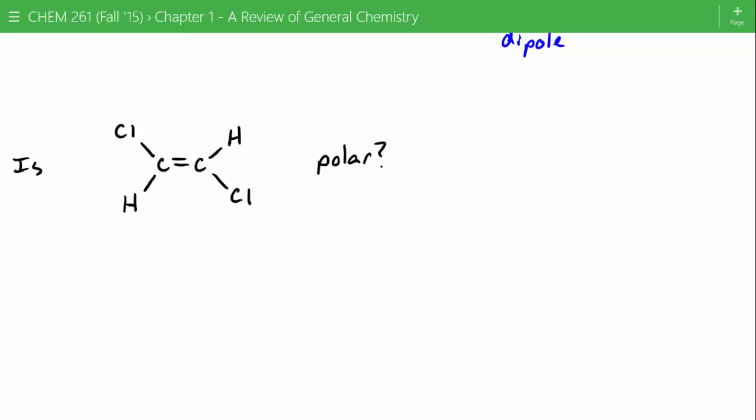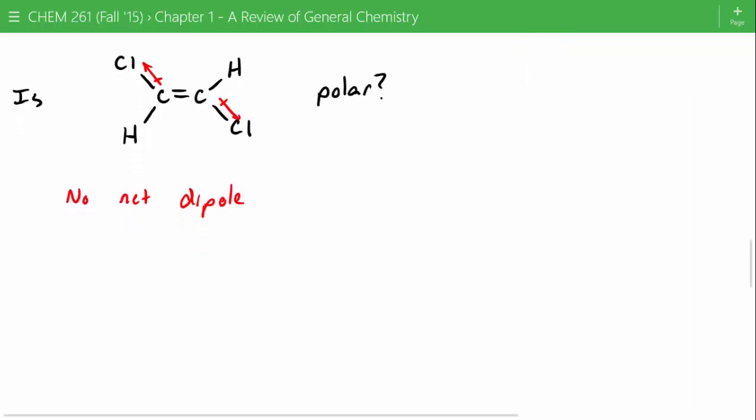What's more electronegative, chlorine or carbon? Chlorine. So it's going to have a dipole going in this direction because there's a decent difference in electronegativity. Same on this side. Are they going to cancel out? Yeah, because they're on opposite sides of one another. So in this case, there is no net dipole.